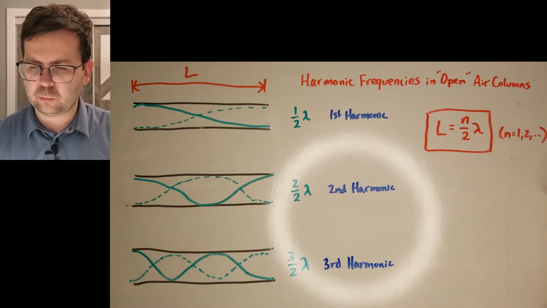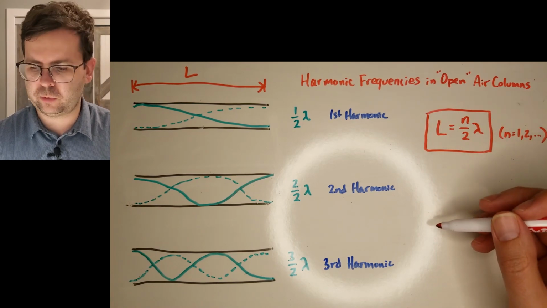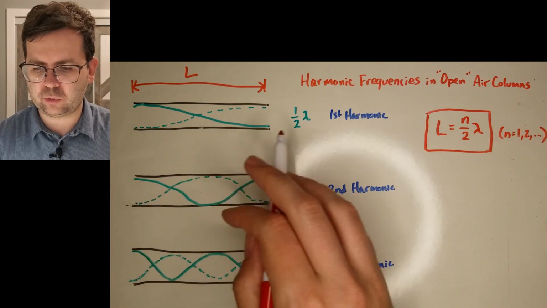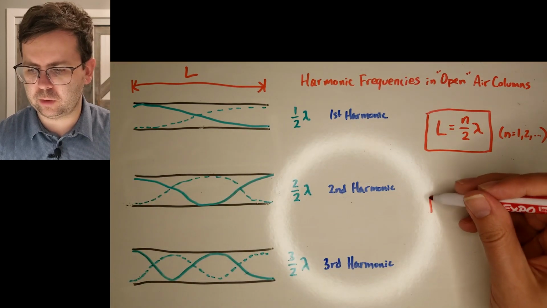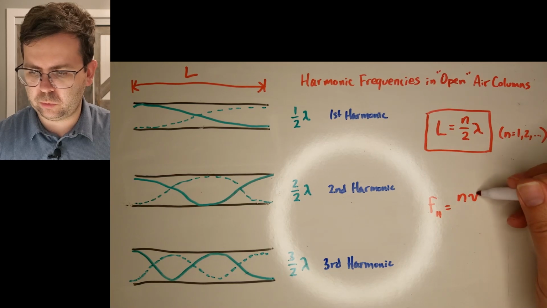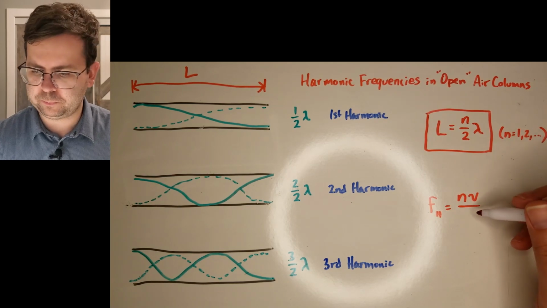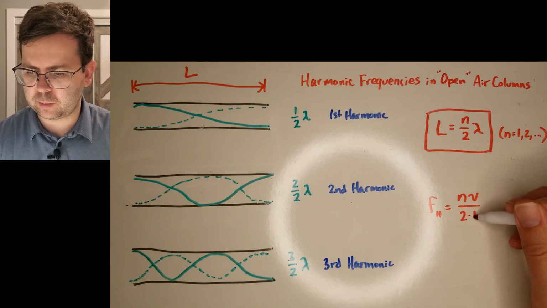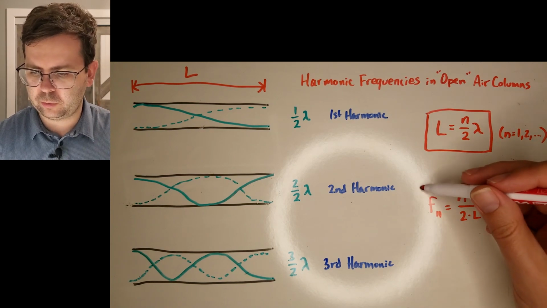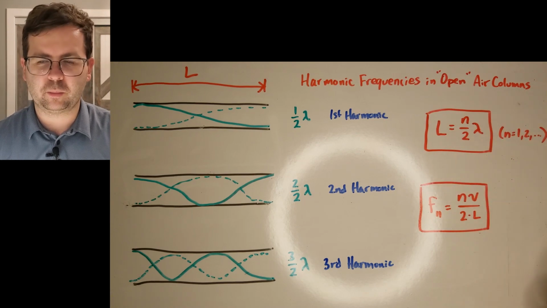For frequencies, it's similar to the case with a string that's fixed at both ends. Because we can fit any number of half wavelengths in here, the frequency of each harmonic is equal to n times the speed of the waves inside the pipe divided by 2 times the length of the pipe. So this is our harmonic frequencies inside the pipe.